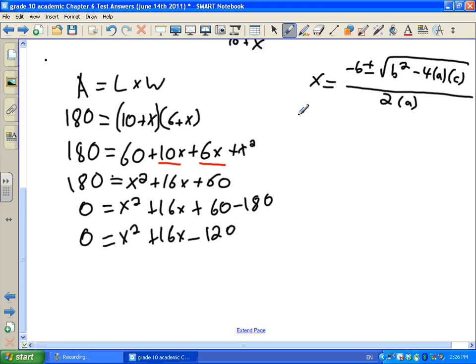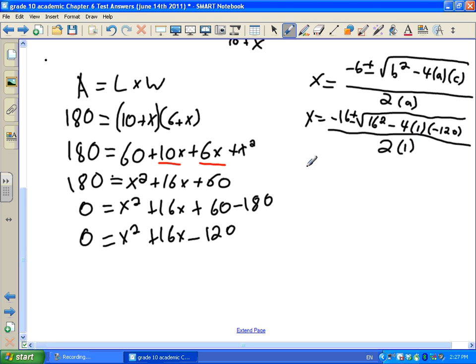Okay, so now we'll do our quadratic formula. Let's replace our b with 16. So x is equal to negative 16 plus or minus the square root of 16 squared minus 4 times 1 times negative 120, divided by 2 times 1, which is just 2, but write it in.